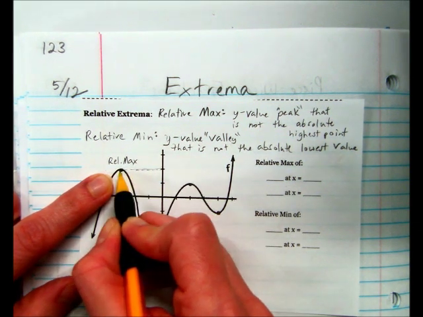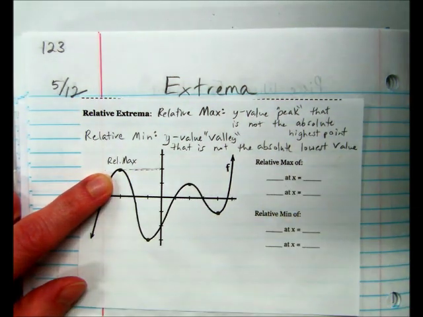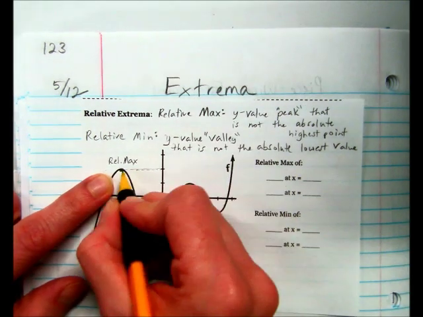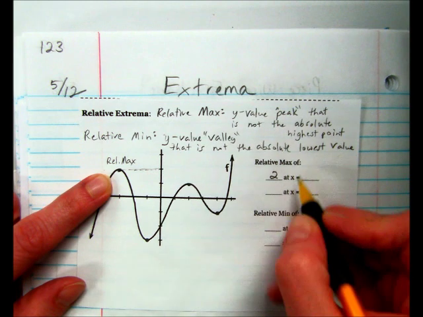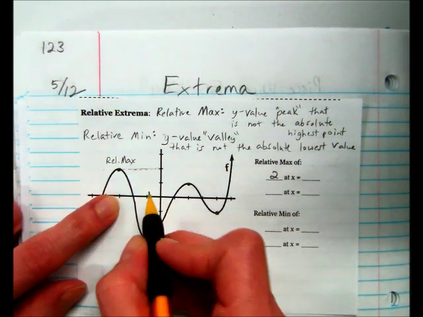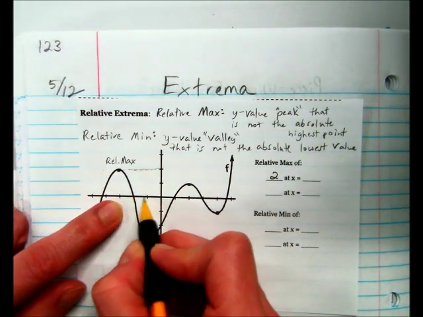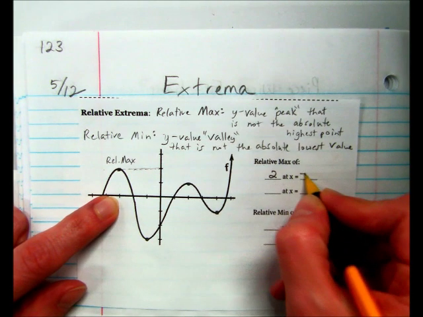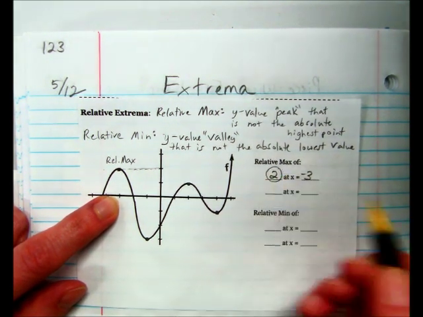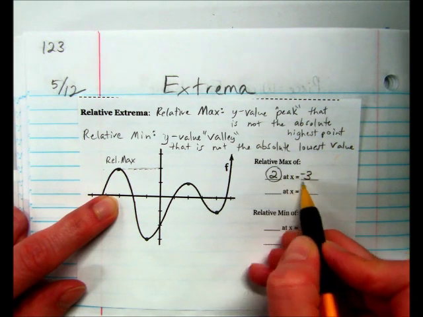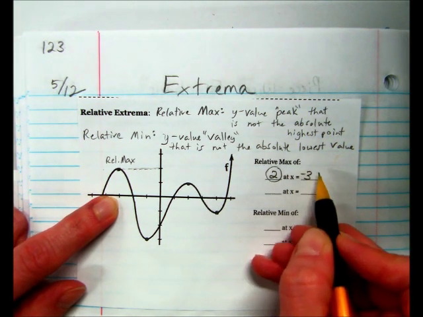How high is that? 2. So a relative max right there is 2. So over here I'm going to write relative max of 2, and it happens at x equals negative 3. So the 2 is the actual max. I'm going to put a circle on that. But then we can also describe where it happens.